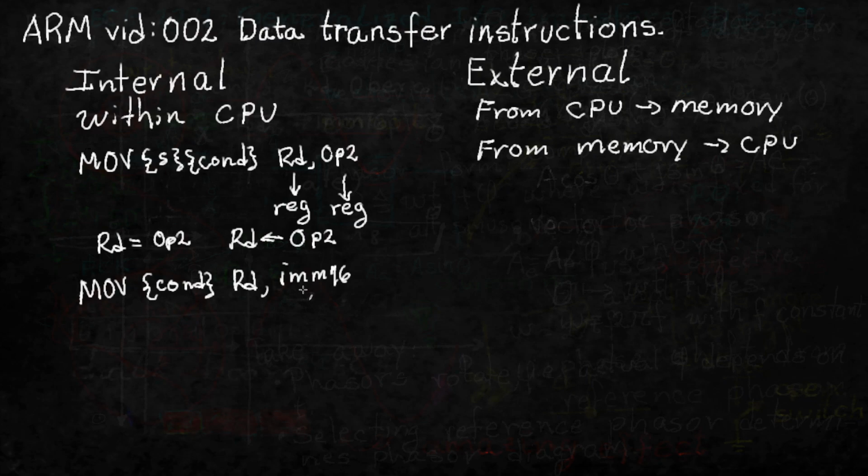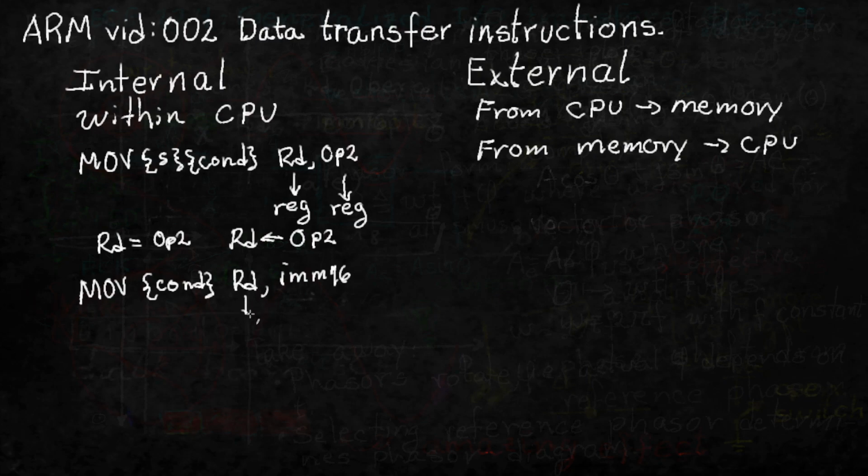Well, it is inside the CPU, because when the MOV instruction is fetched from memory into the CPU, the immediate 16 will be inside the CPU by the time the execution unit starts to execute the MOV instruction. This number is going to be copied into an internal register and then copied onto RD. That happens as part of the decoding process for the instruction.